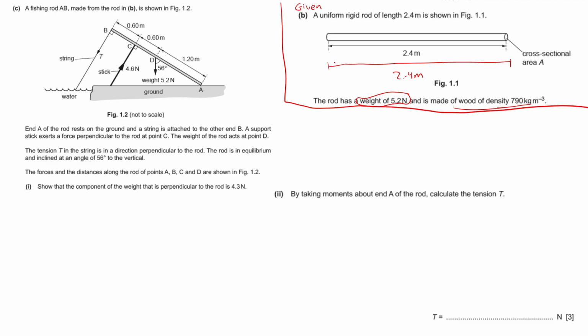So we're given that the length of the rod is 2.4 meters and it has a weight of 5.2 newtons, which is shown. And we're later going to see in part C that this weight and the distance come into play. Let me stop yapping and move on to the actual question.